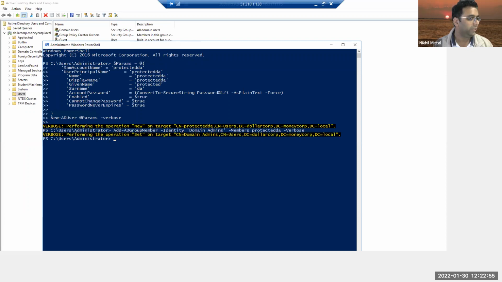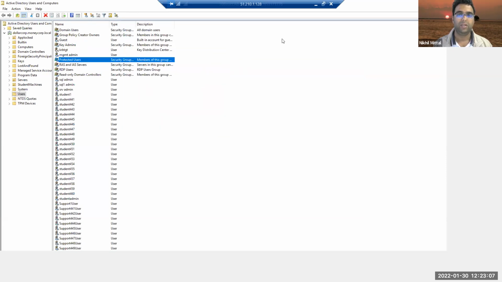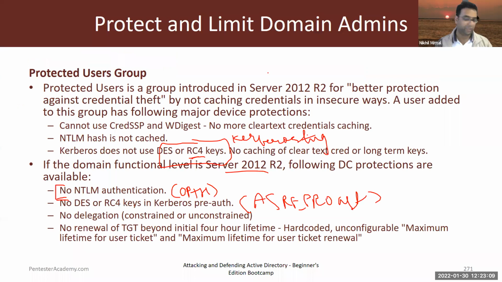Now, all you need to do to enable all of these protections is to add the user to the protected users group. That's it. Now, this user is a member, and all of these protections will apply.